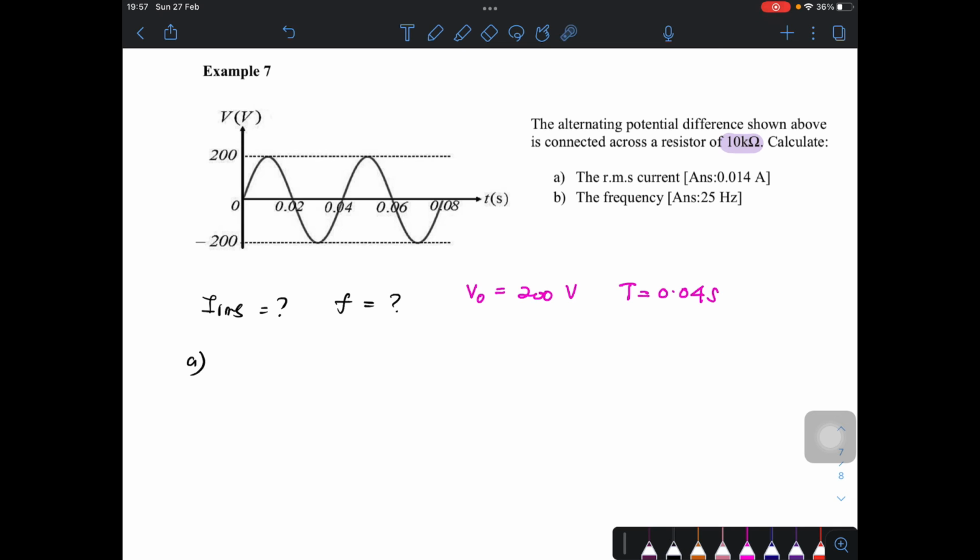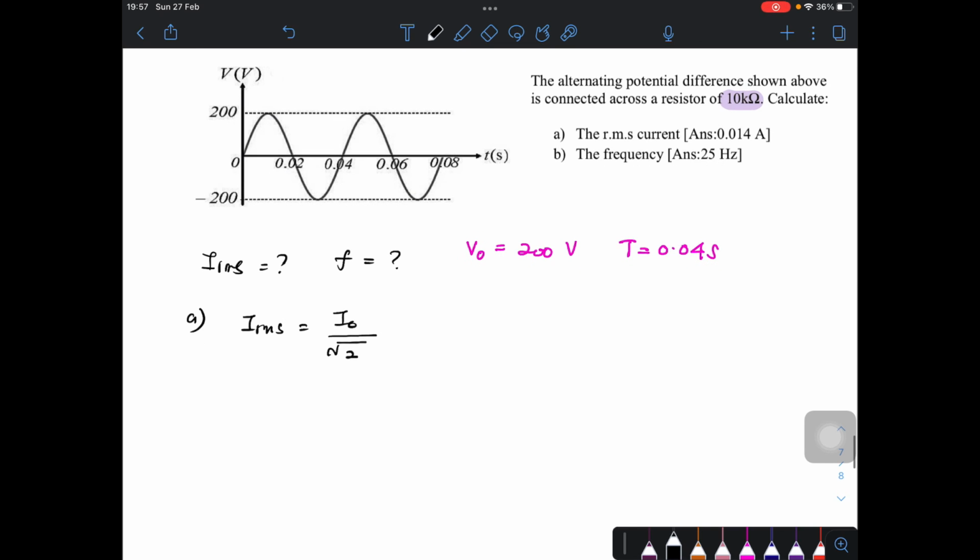So from here, keluarkan dahulu formula untuk IRMS sama dengan I0 divided by square root of 2. And then kita ada V0, so kita perlu cari I0 menggunakan formula Ohm's law, times the resistor, which is 10 kilo ohm.